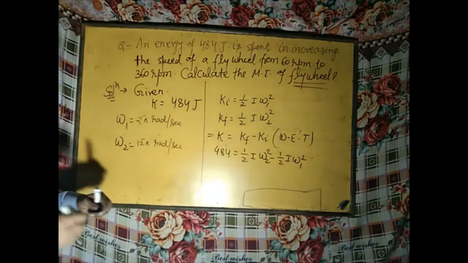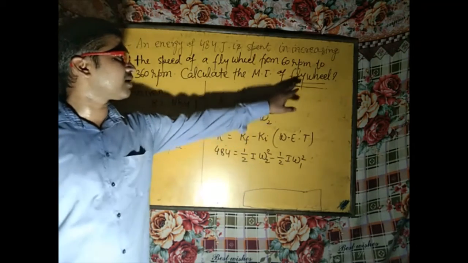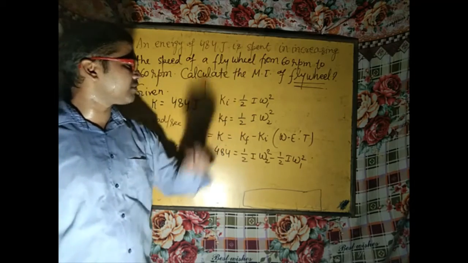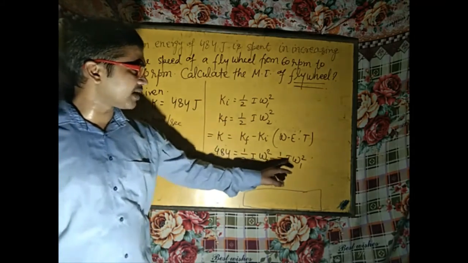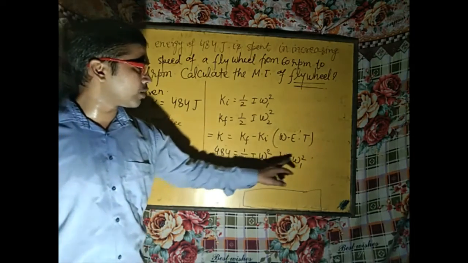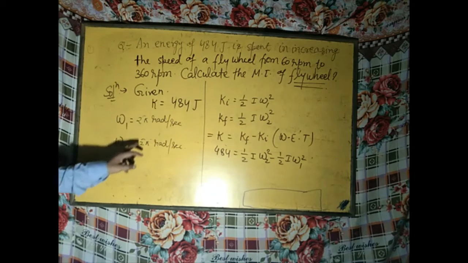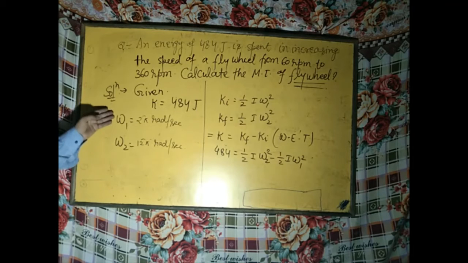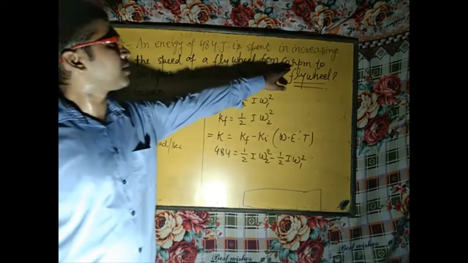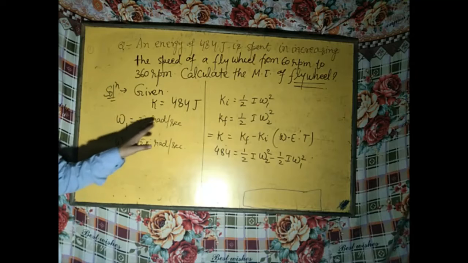Okay, now we can take common this I, this is the moment of inertia of this flywheel, and our aim is to find out the same thing, that is moment of inertia of the flywheel. So we can take common this I from this equation, and we will use the values of omega 2 and omega 1 in form of radian per second, that are 2 pi and 12 pi respectively, which are shown here on the screen. These quantities are given in round per minute, but we have changed this round per minute into radian per second. This is the standard unit.